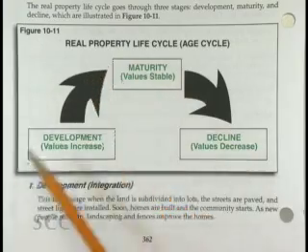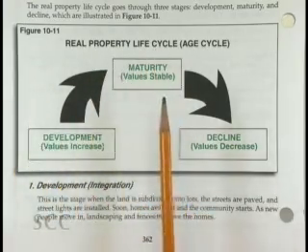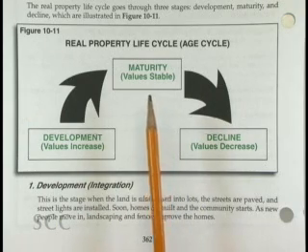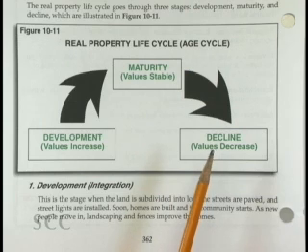For example, black and white TV sets at one time were popular. They grew, they matured, they died. We have that with cars, and with a lot of different things. So the concept here is that initially there's development, there's a demand for property, and it continues to go up. It hits a certain point where it matures, and then after a number of years it finally will decrease in value.